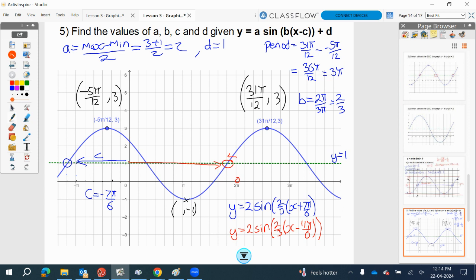It's 18 pi over 6. So 7 pi over 6 minus negative 11 pi over 6 will be 18 pi over 6, which is 3 pi. The reason that you can have multiple solutions is you're just moving the period across. So if we were to change the period of this from that point by 3 pi, it would come to here.